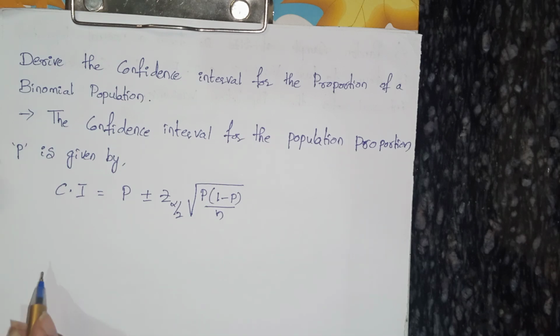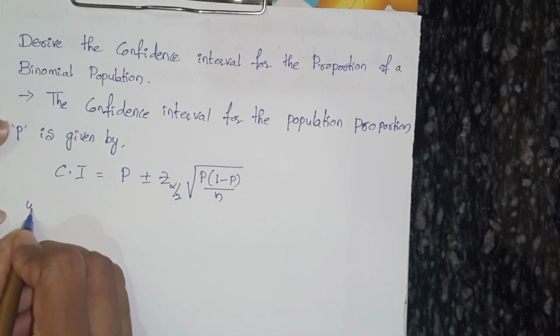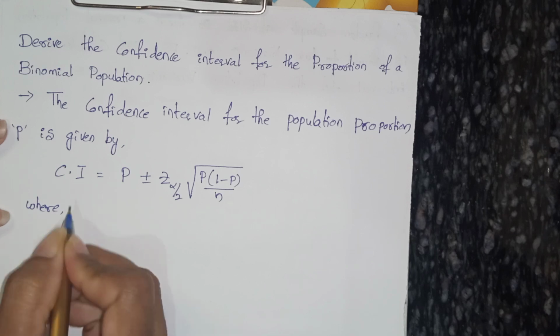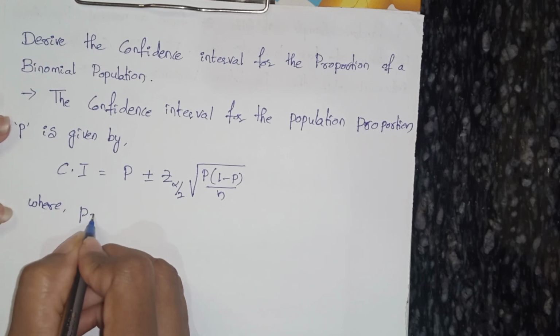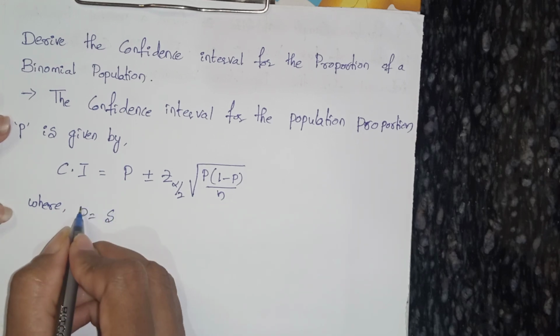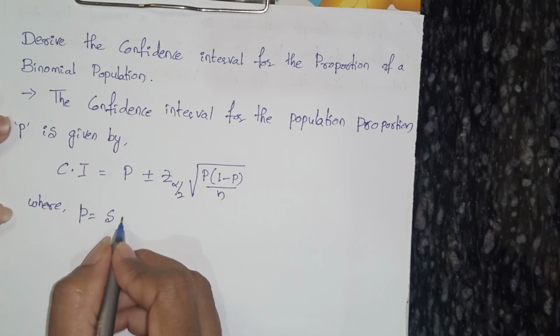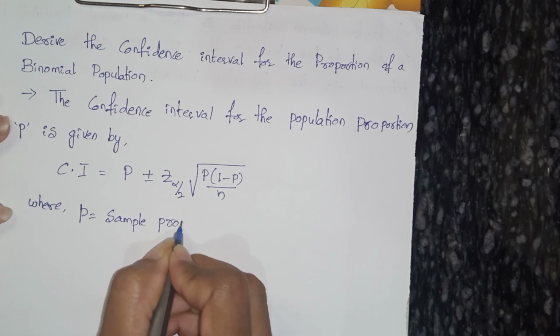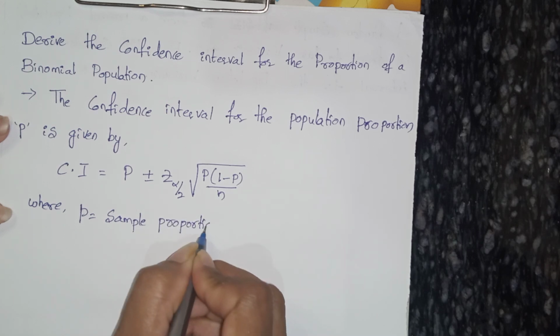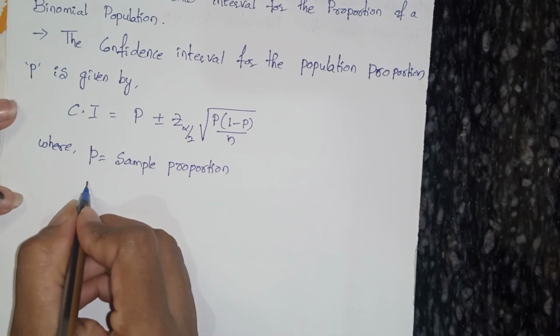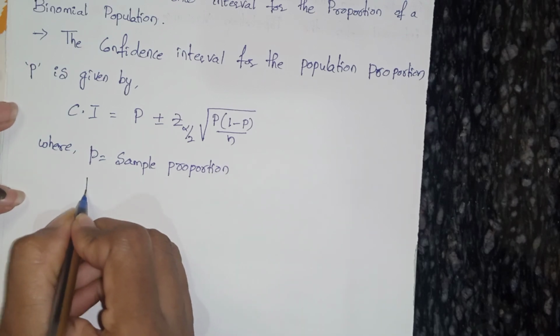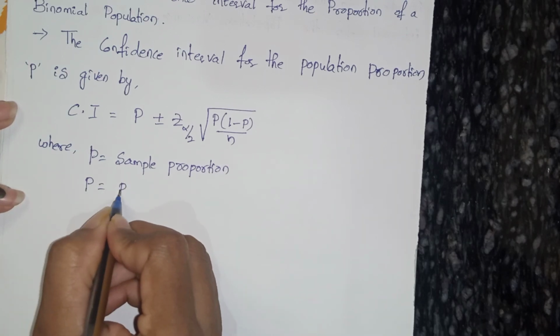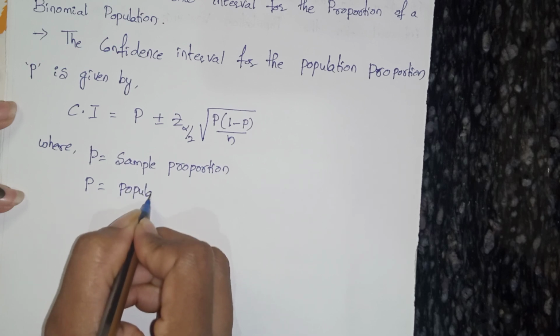Next, where p equals small p, equals sample proportion. Capital P equals population proportion.